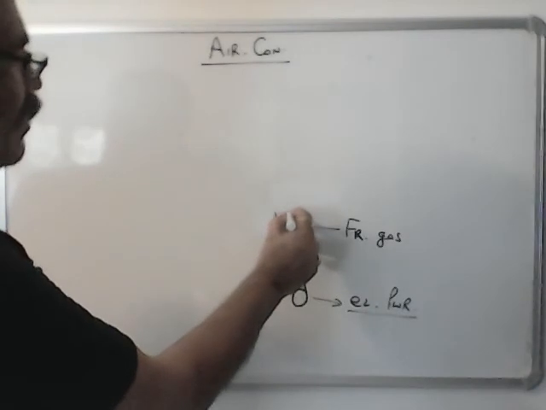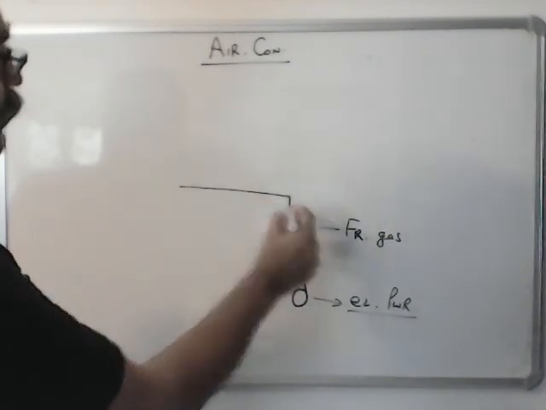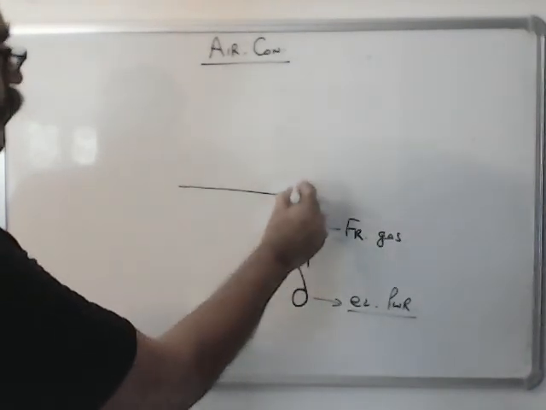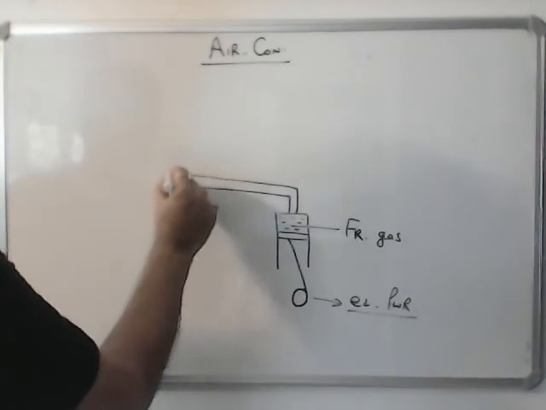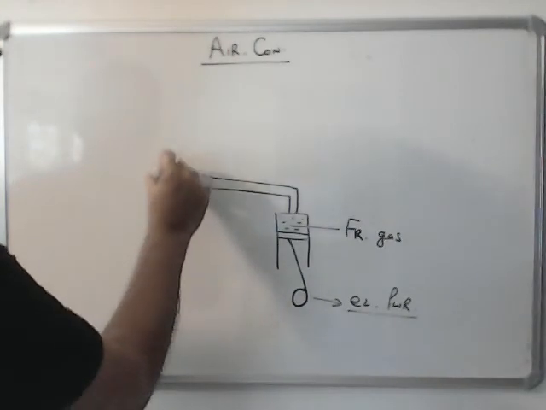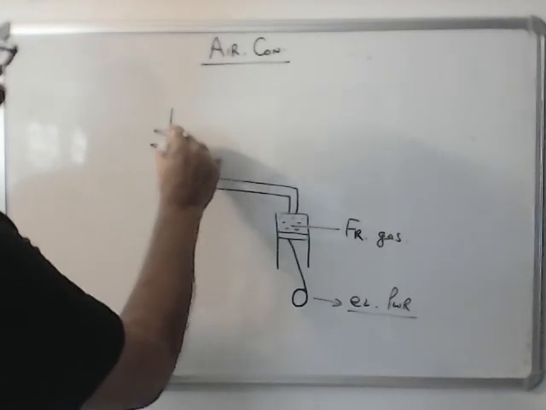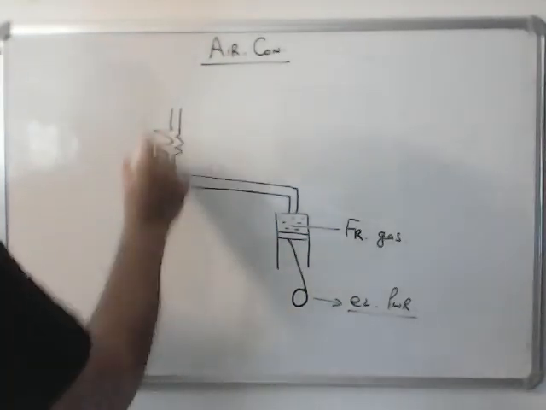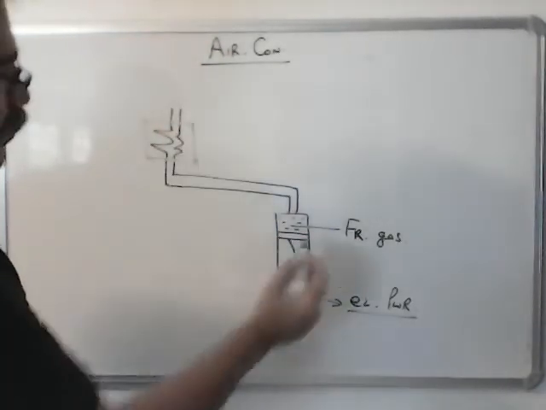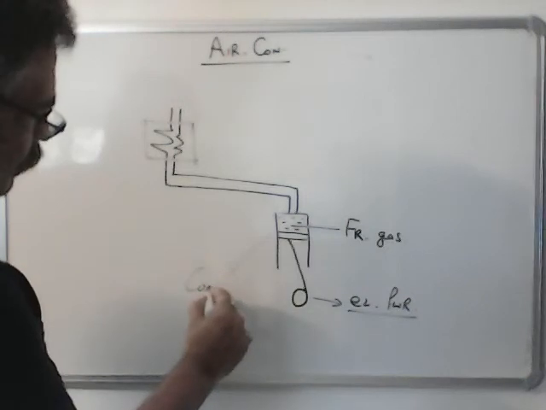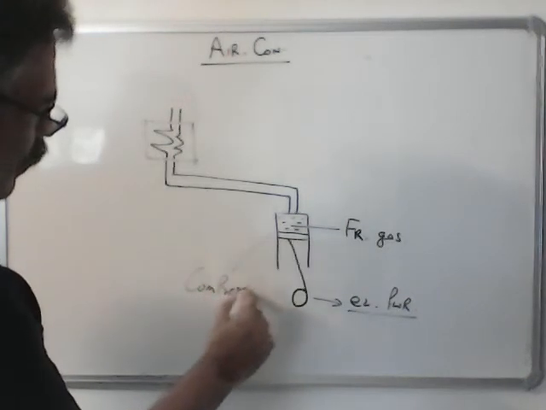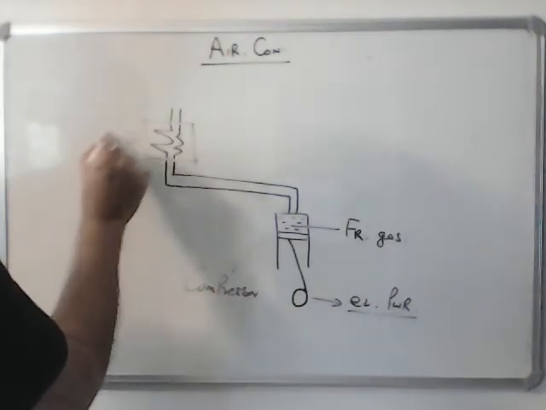So the freon gas goes in this pipeline and to the condenser. This is a compressor, this is a condenser.